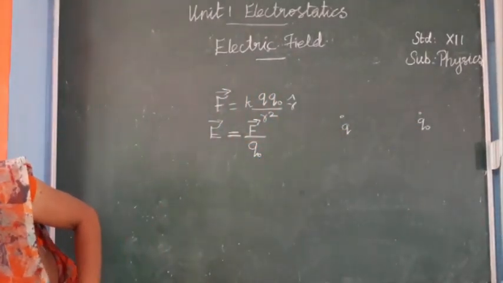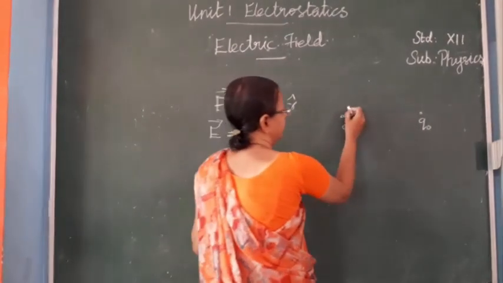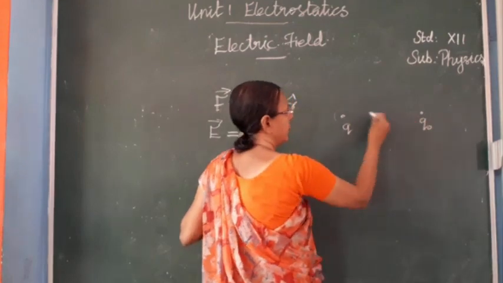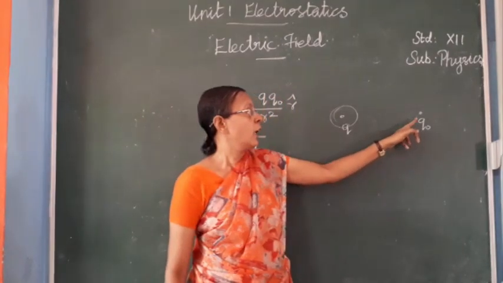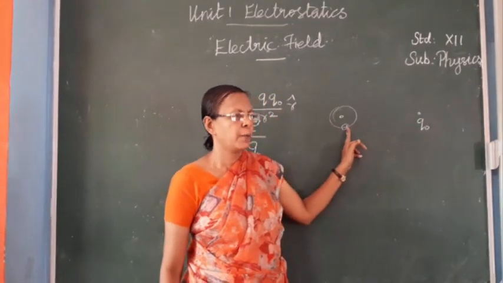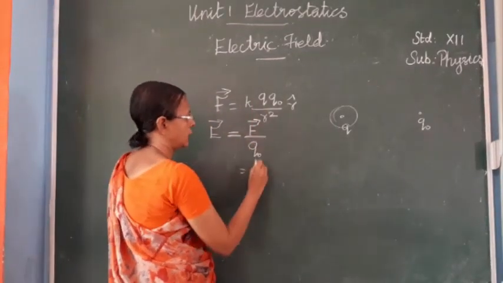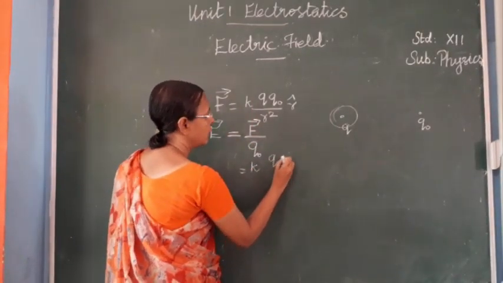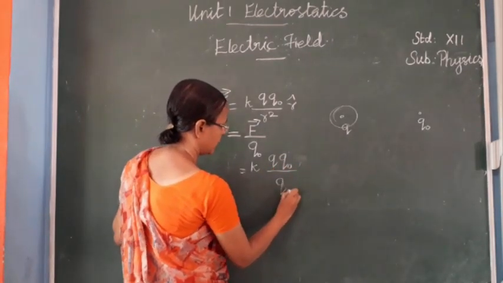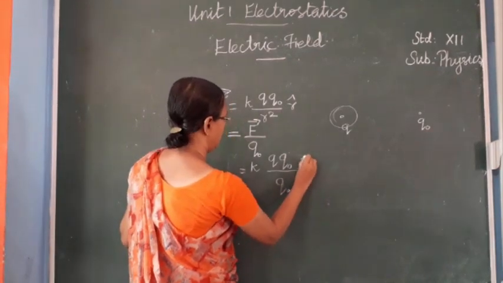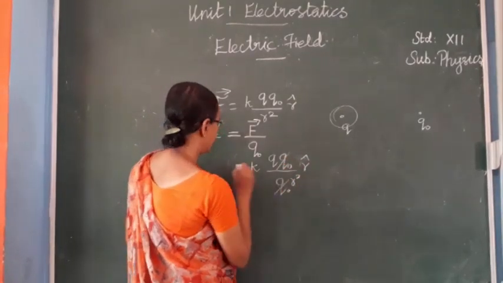So E is F divided by Q0, which is K Q Q0 R cap divided by Q0 R square. The Q0 cancels.